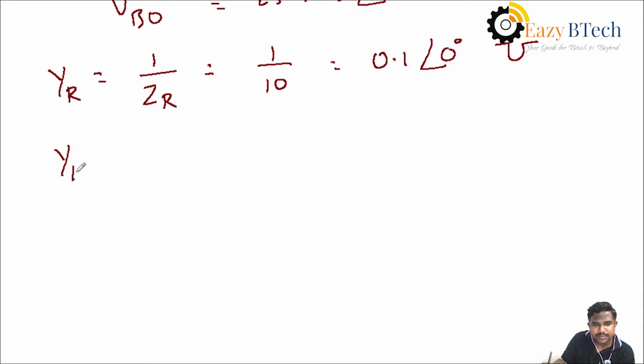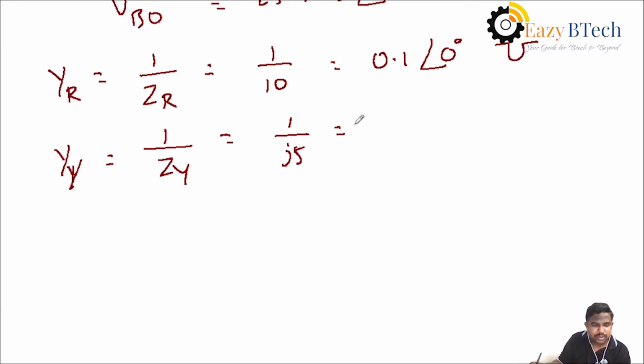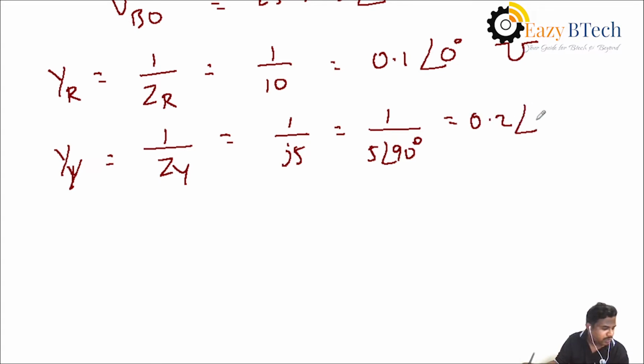Similarly, the admittance of Y phase is 1 by ZY, that is 1 by j5. Converting the rectangular form into polar form, the value is 0.2 at an angle minus 90 degrees.